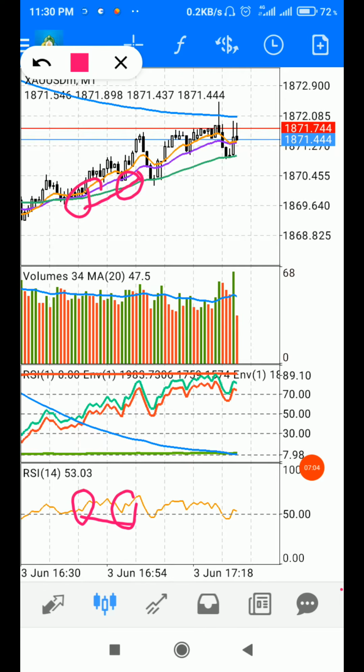What's happening there? Keep eyes on the spotted area, very important session.